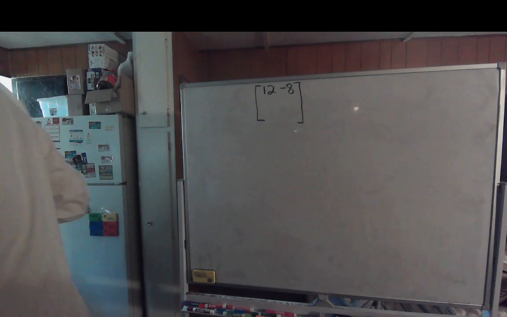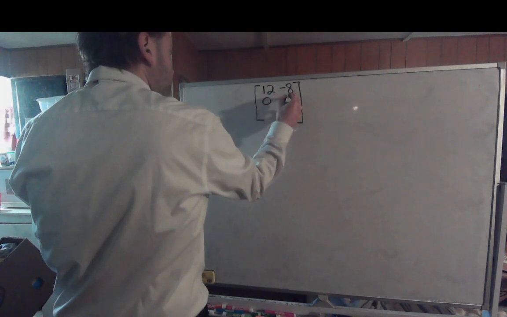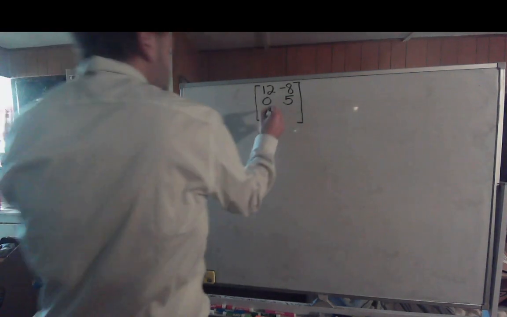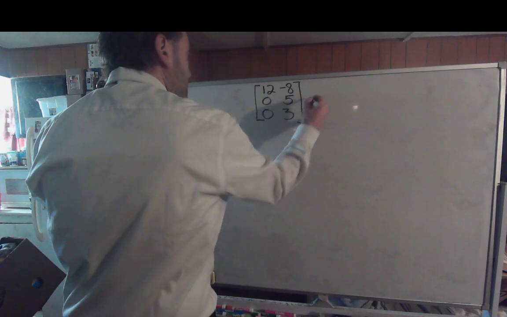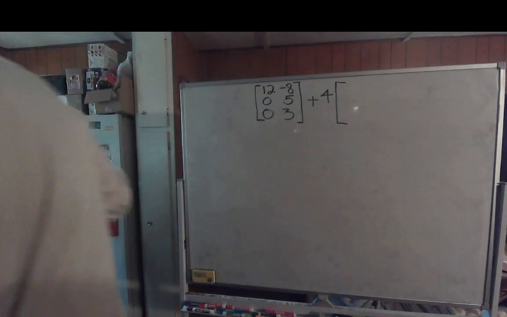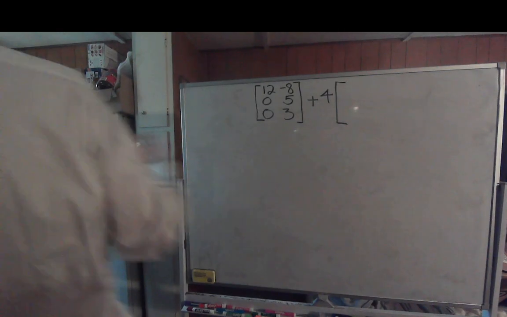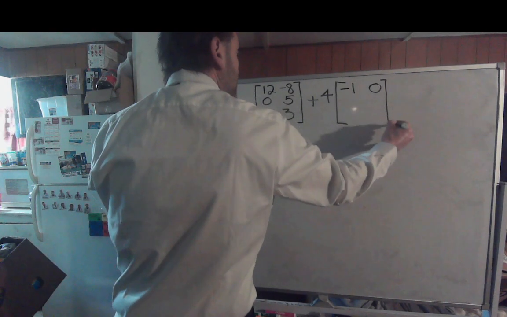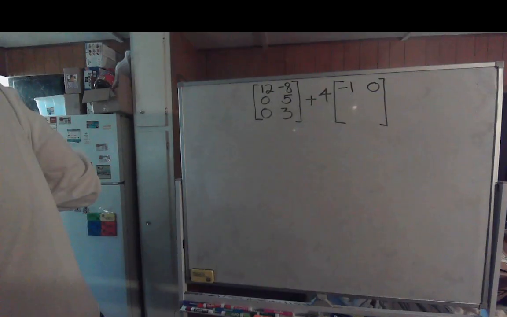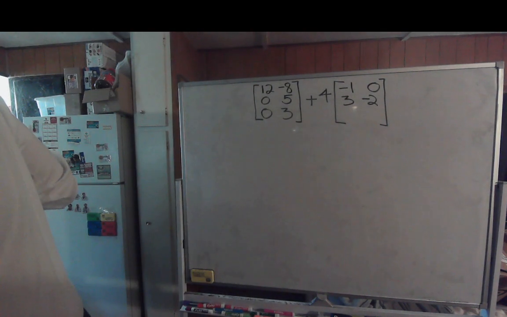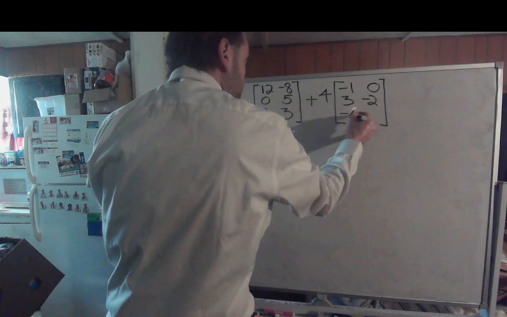Then we have 0, 5, and then 0, 3, all that plus 4 times the matrix -1, 0, 3, -2, and then -4, 5.